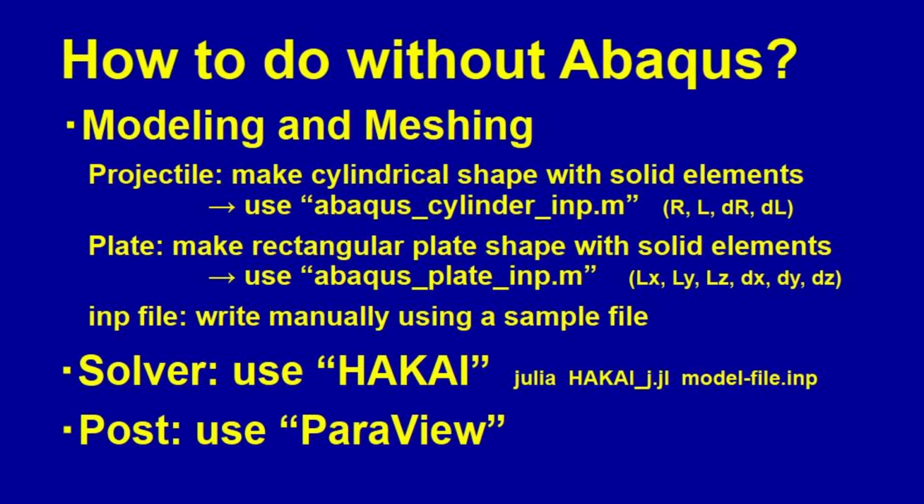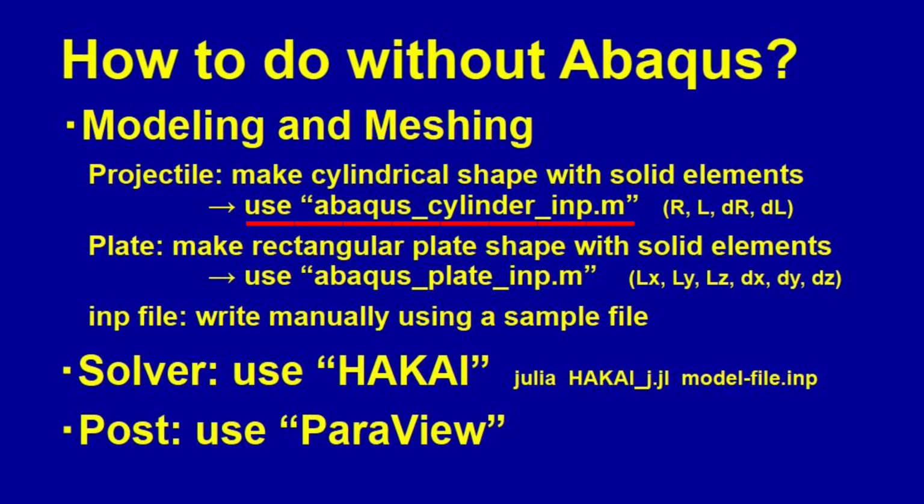In this analysis, we need 2 mesh models for the projectile part and the armor plate part. For the projectile part, we need a mesh of cylindrical shape. So I use the program Abaqus Cylinder Imp.m, which is simple meshing code written in MATLAB language. We can get it from GitHub.